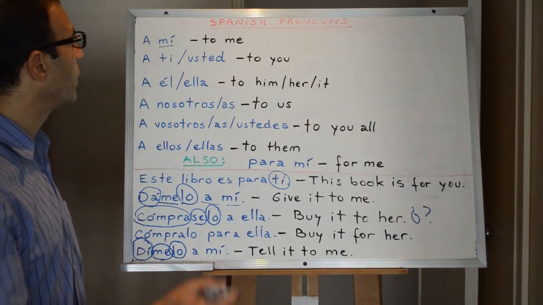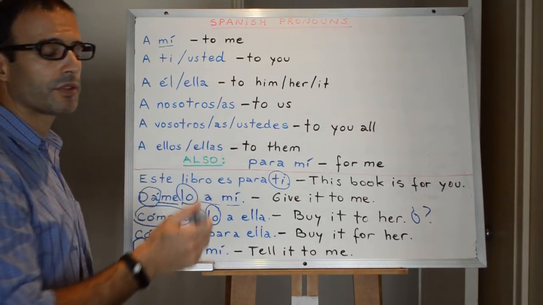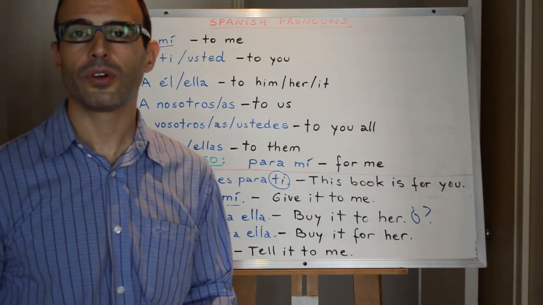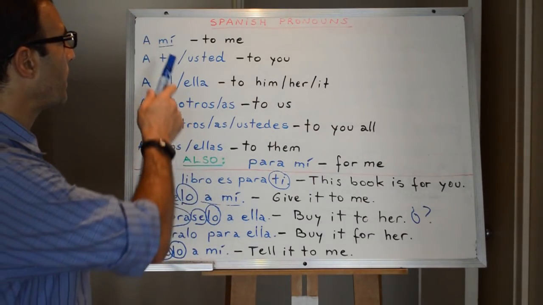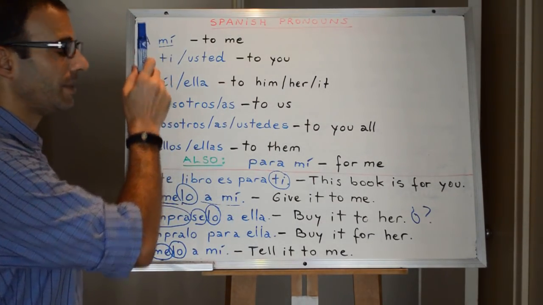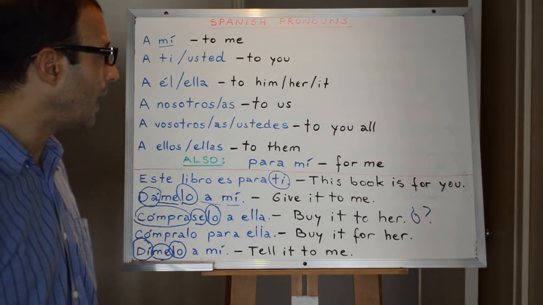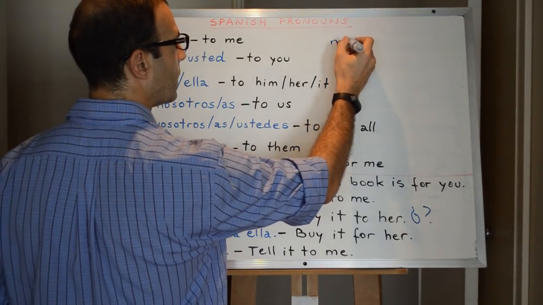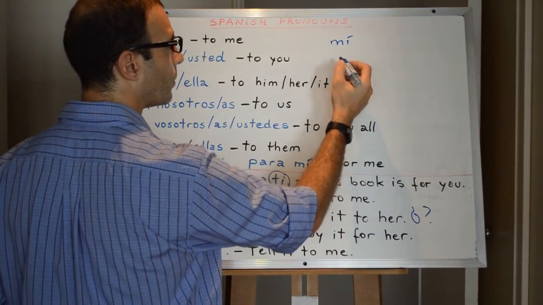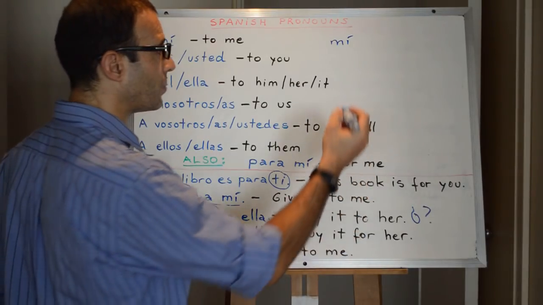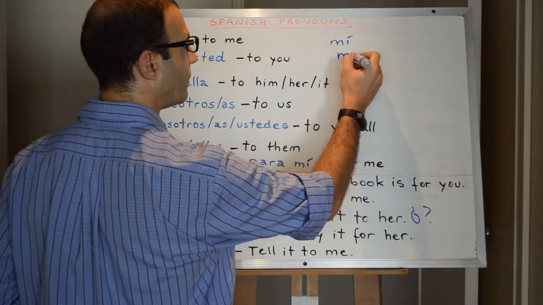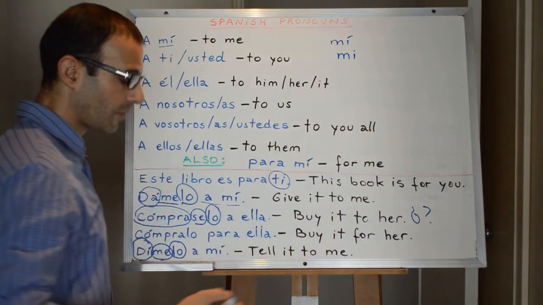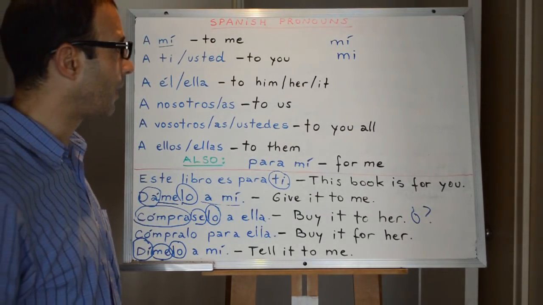So, remember, whenever we use the prepositions a, which means to, and para, which means for in Spanish, for the first and the second person, we do not say yo or tú. We say mí and we say ti. Okay? And now there is a difference between mí with a tilde, or with a Spanish accent, and mi without the accent, right?